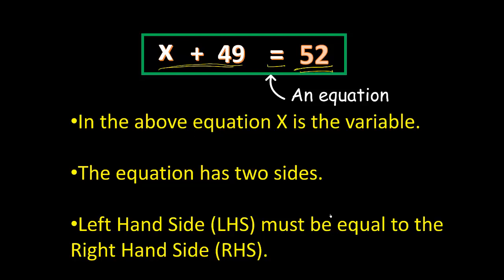Now, the left-hand side must be equal to the right-hand side, because if it's not equal, the equation will be wrong. That's why I'm advising you that the left-hand side should be equal to the right-hand side.